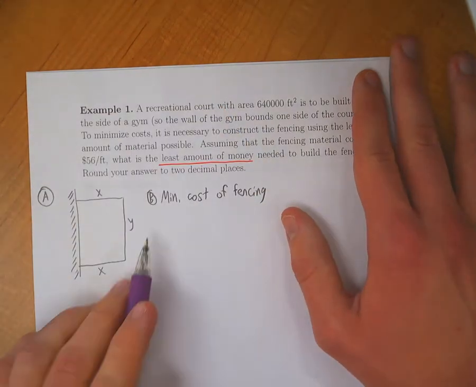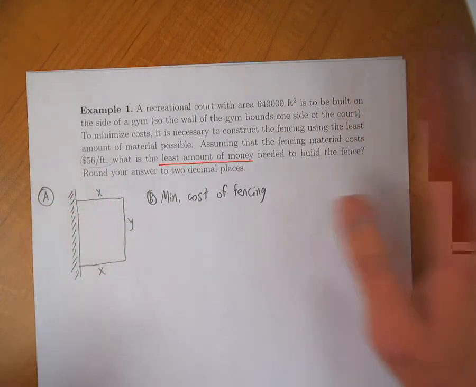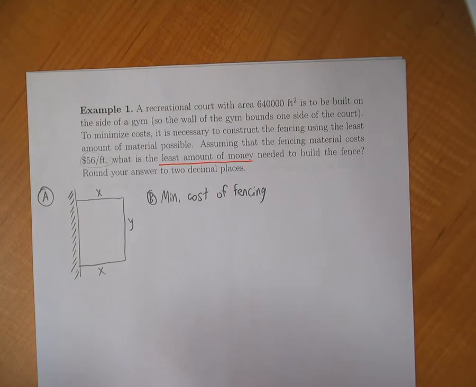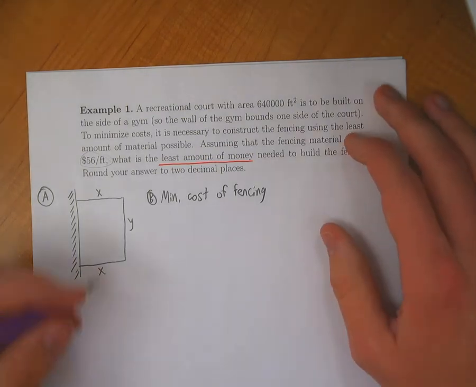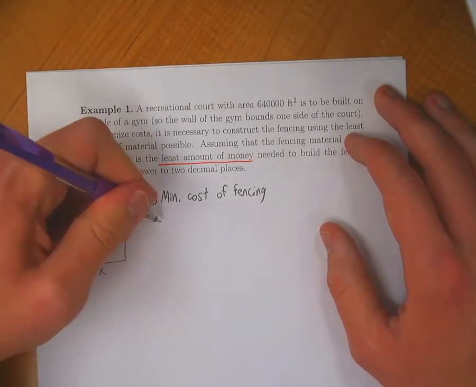Now that we have an actual cost, we actually do have to deal with it. It's not going to be like last time where we could just focus on the dimensions and the surface area.